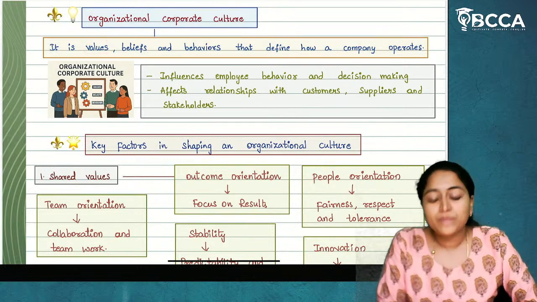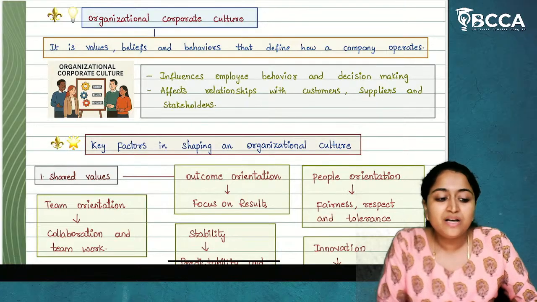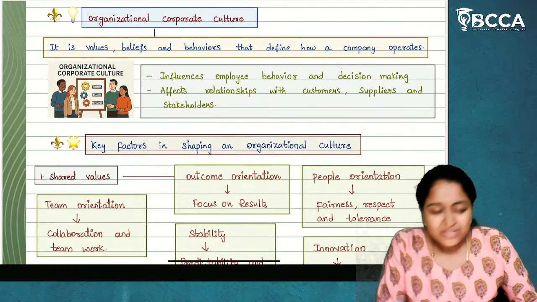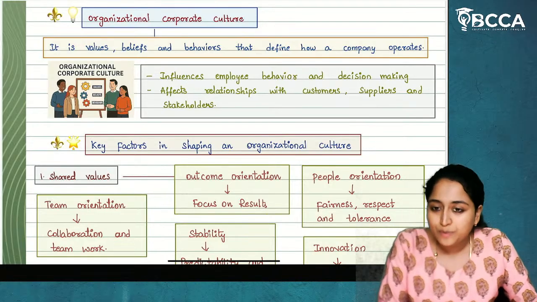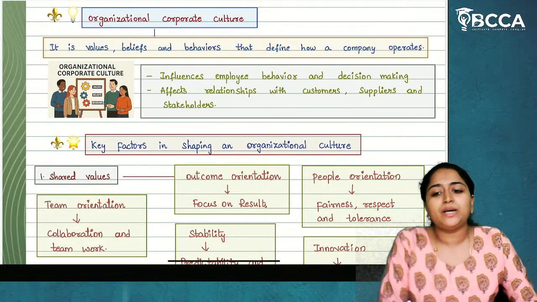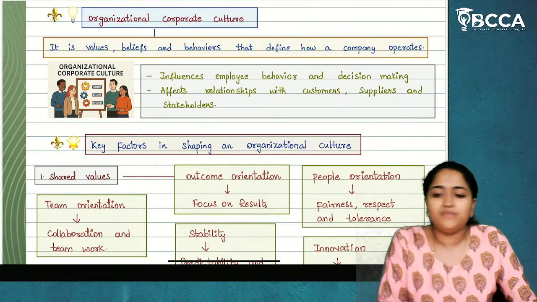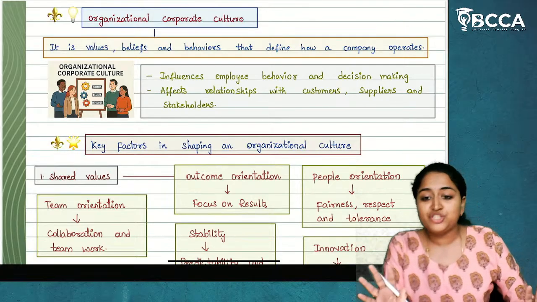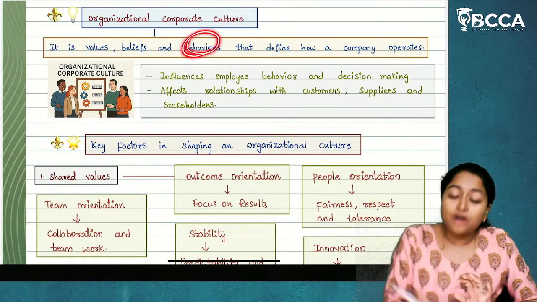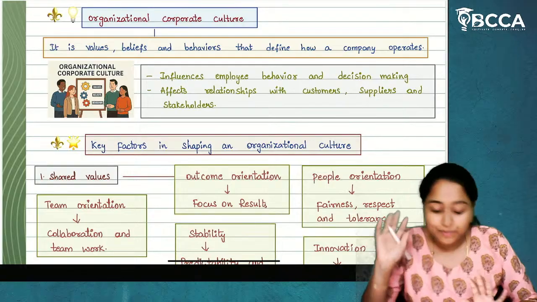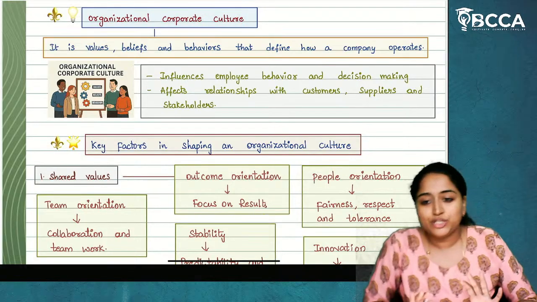That will also be different. See, if there is a service-oriented industry, they are not focused on profits. They are focused on the service quality which they provide. If there is a profit-generation company, they will not focus on the services. They will only focus on profit generation. So, based on the beliefs which the company has, and the behavior of that company's personnel, the culture of the organization will differ.